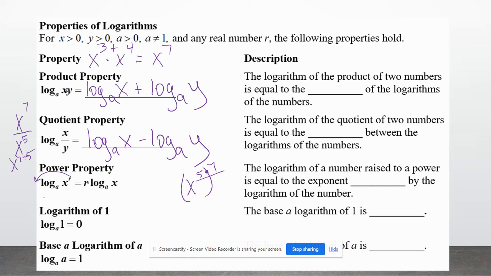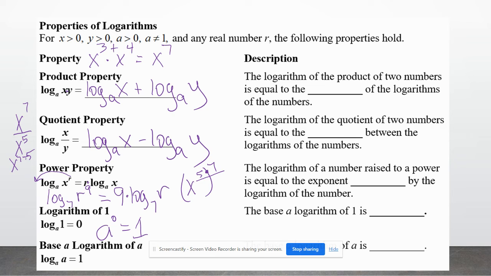So what that would look like is if we had log base 7 of r to the 9th, we'd bring that 9 in front, say 9 times log base 7 of r. The log of 1, no matter what the base is, is always equal to 0. Again, if I were to rewrite this, that's a to the 0, and anything to the 0 power is 1. So that's why it's always equal to 0.